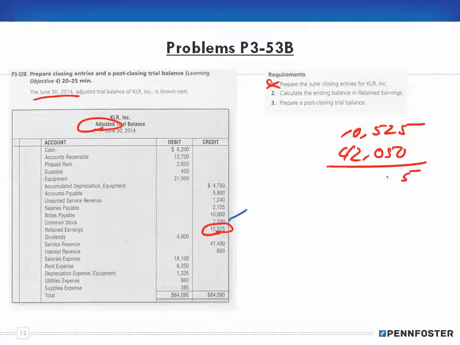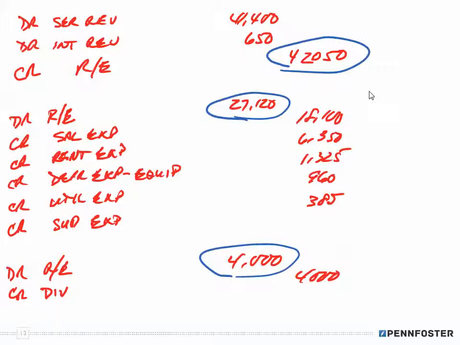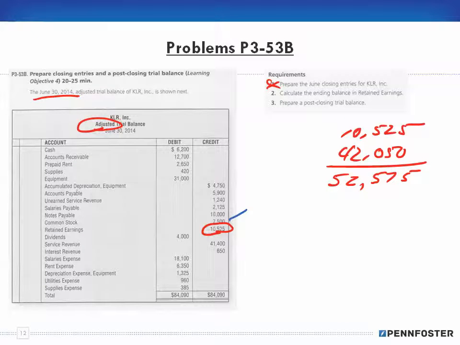Let's see here, that's 52,575. I'm adding in my closing entry for my revenues, but then I'm subtracting out, because they're debits, for my expenses and my dividends. So I'm going to subtract out 27,120, and I'm going to subtract out 4,000 for my dividends.